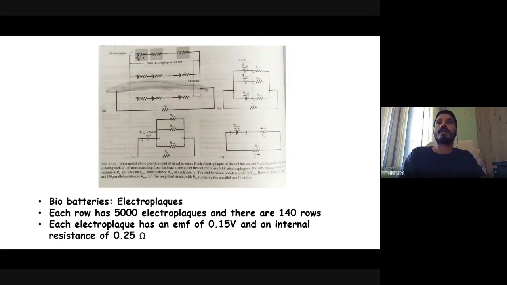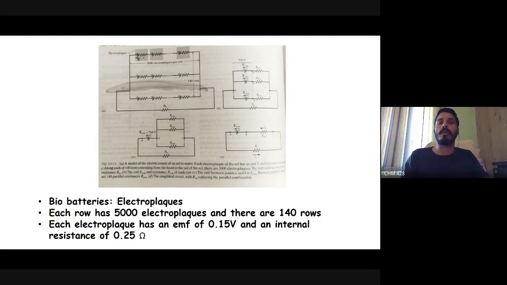And recently, scientists have modeled the batteries in the electric eel. These batteries are biobatteries, sometimes called electroplates. They modeled these electroplates and found that from the head of the electric eel to the tail, in one row, they observed 5,000 such batteries.